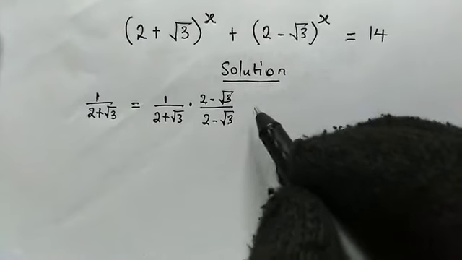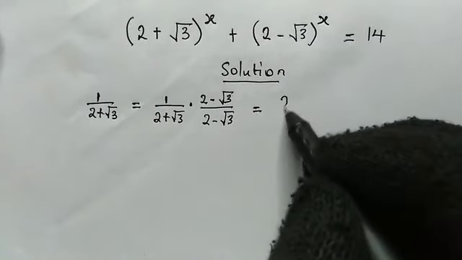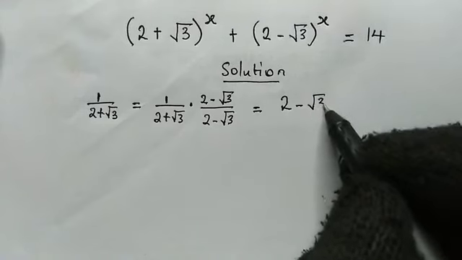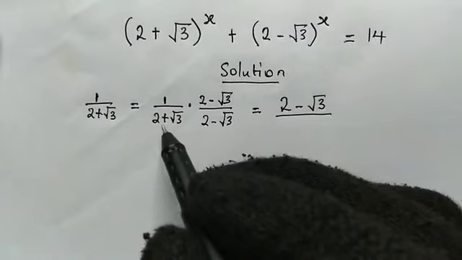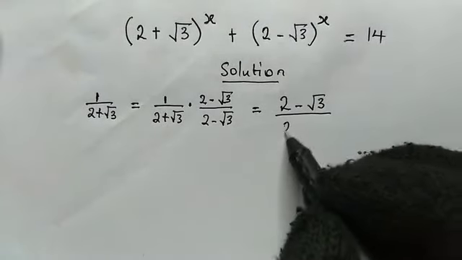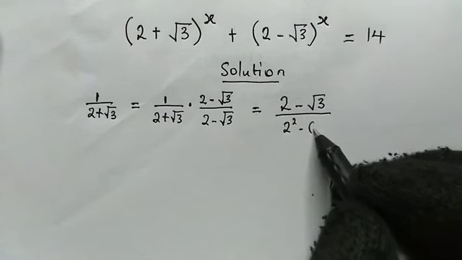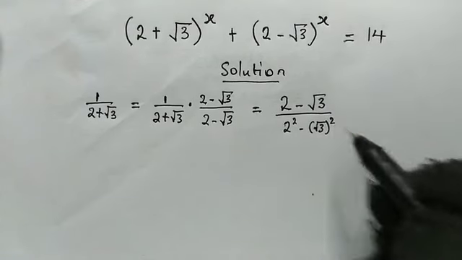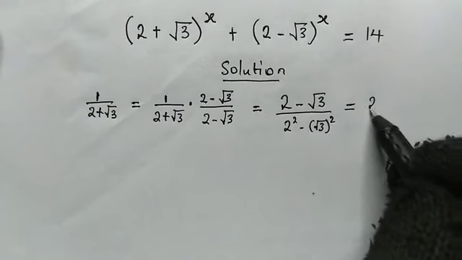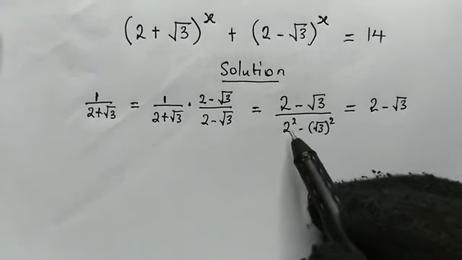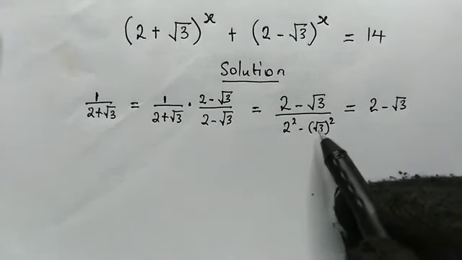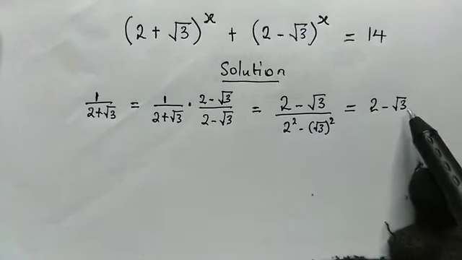From the numerator, we have 2 minus root 3 times 1, which is 2 minus root 3. Then divided by, here, this is a difference of two squares, which is the same as 2 squared minus root 3 squared. This is 4 minus 3, which is 1.